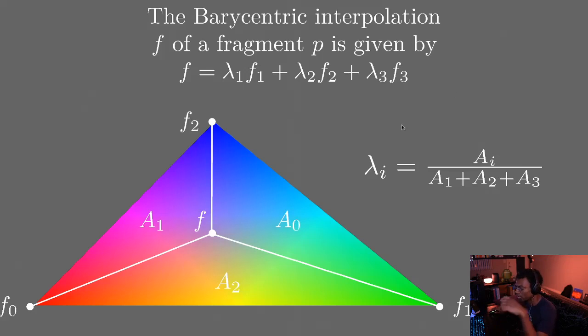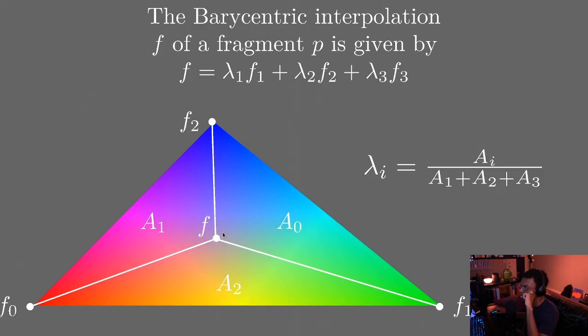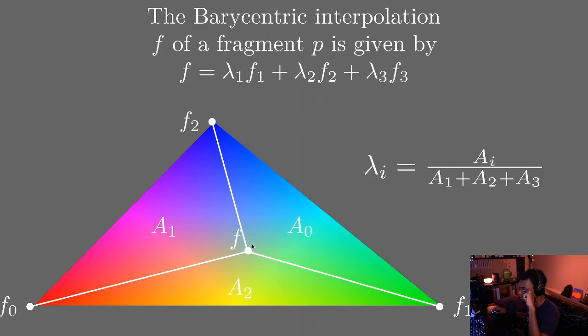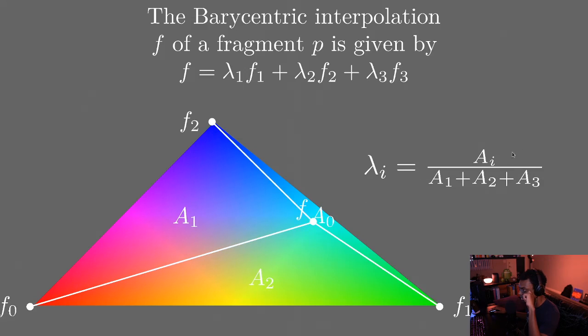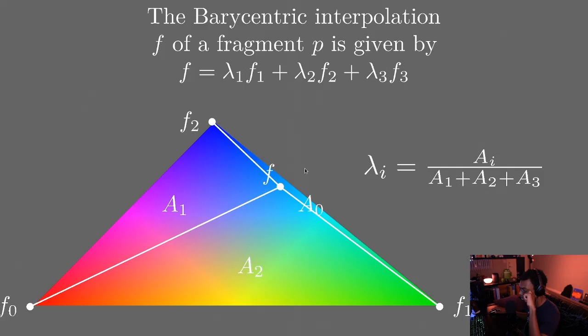Wait, hold on. This computation is really annoying. Although I know this is one-to-one with Cartesian coordinates. Now I have to find the area of the triangle, then the areas of all the individual triangles, and I know the fragment colors. I guess it's not terrible, but I'll have to compute the area using the points.